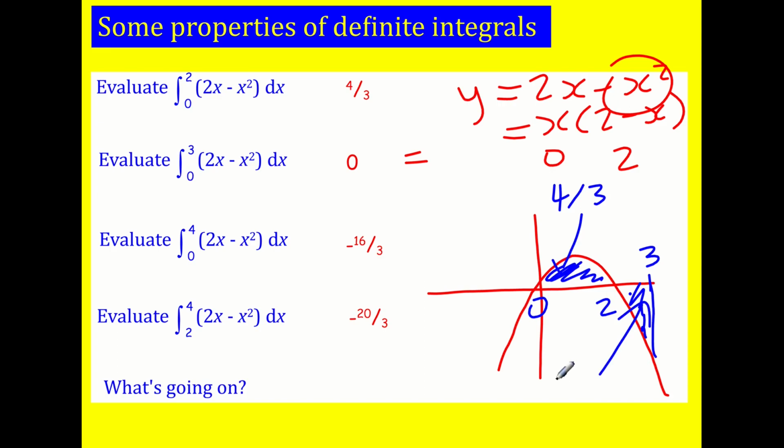So the integral between 2 and 3 must be minus 4 over 3 for it to cancel out, basically. Okay, so I'm going to write minus 4 over 3. And then if I carried it on to 4, that's when the negative takes over.